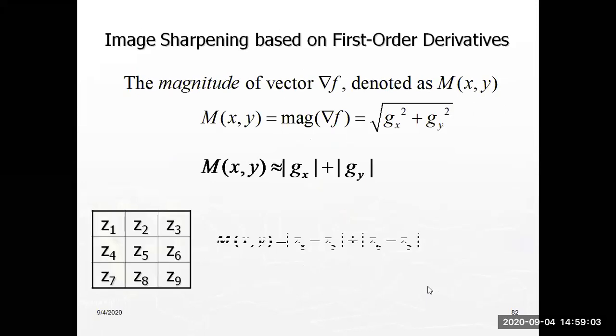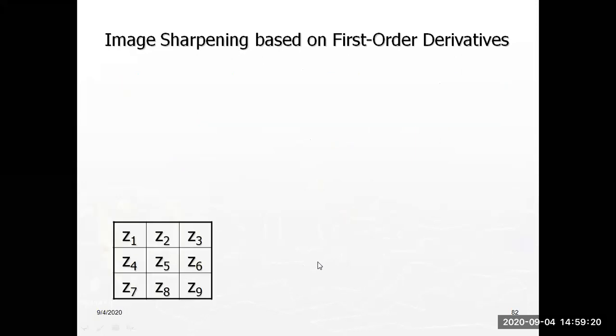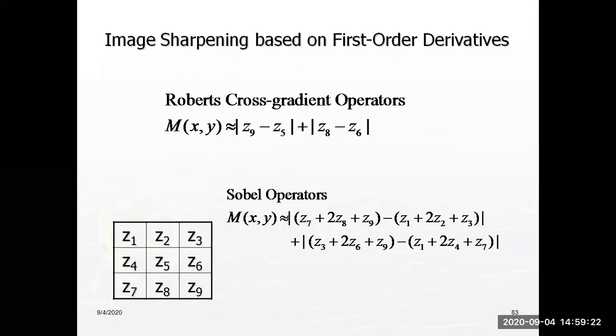Based on the gradient operation's magnitude, we form a mask. Let us consider a mask Z1 to Z9 with 9 elements, and there are two types of operators: Roberts cross gradient operators and Sobel operators.